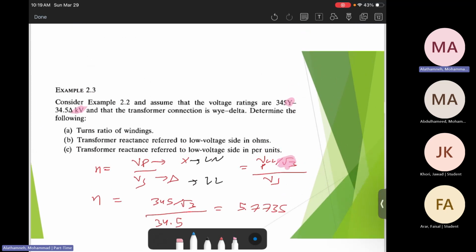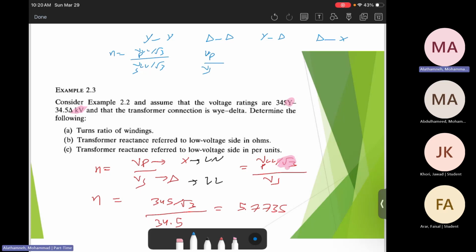So again, let me do the summary: Y to Y, delta to delta, Y to delta, delta to Y. For Y to Y, the turns ratio will be V line to line primary divided by root of 3, over V line to line secondary divided by square root of 3. For delta to delta, the turns ratio will be V primary divided by V secondary as is.